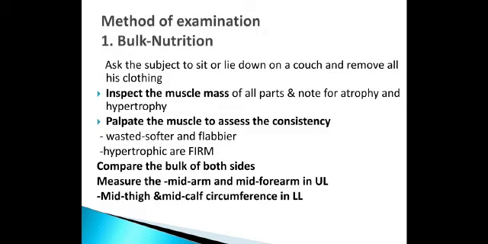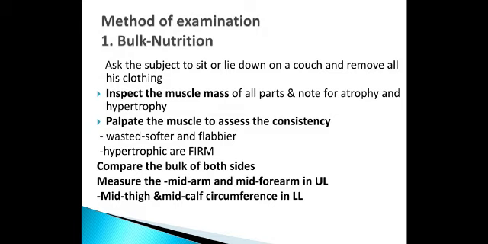Bulk is normally estimated by inspection and palpation. How do you perform this? To assess the bulk, you ask the subject to sit or lie down on a couch and remove all his clothing.